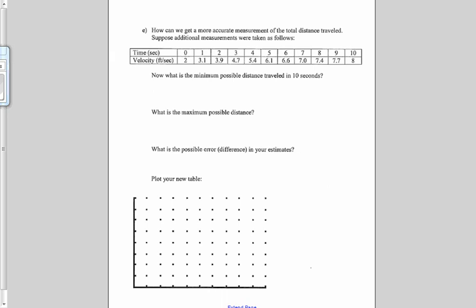So same sort of problem. We're again looking at time and velocity, only now the major difference is that I have more time intervals. So the key here is that the more data we have, the more accurate it's going to be.